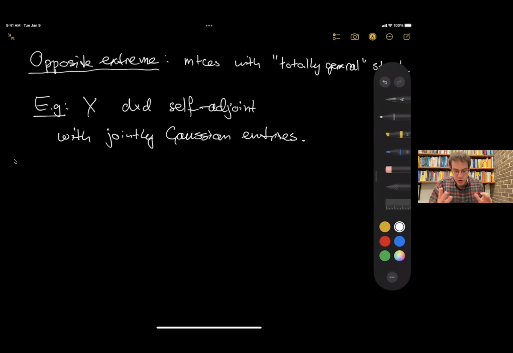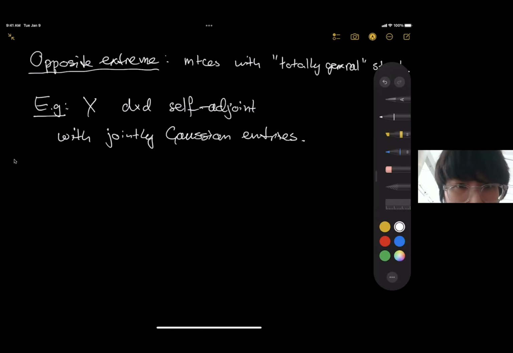I'm not going to assume that they have the same variance. I'm going to allow them to have arbitrary covariances, basically. So this is a matrix which can have basically arbitrary dependencies between the entries, arbitrary pattern of intensities for different entries. And now you tell me the pattern of the covariance of this matrix and the mean, for example, and then I will tell you what the spectrum looks like.